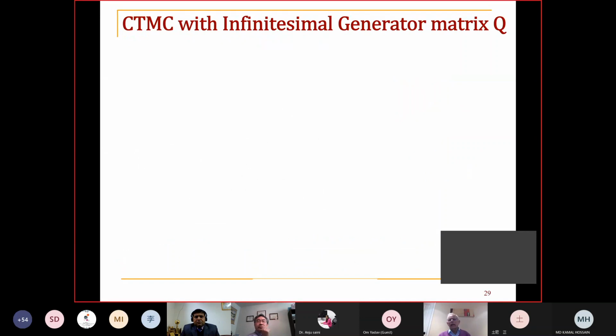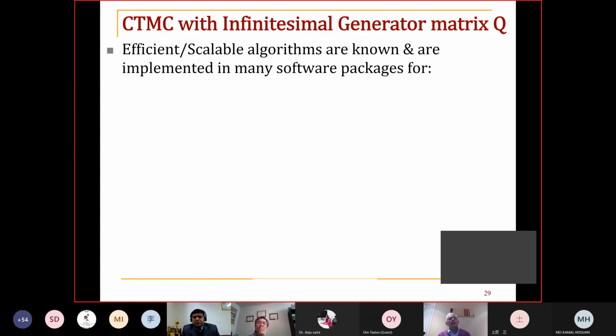So what we then have is a homogeneous continuous time Markov chain with a matrix which has this very nice name called Infinitesimal Generator matrix. Internally, a Markov chain is nothing but a matrix, and efficient and scalable algorithms are known for storing and solving such Markov chains.